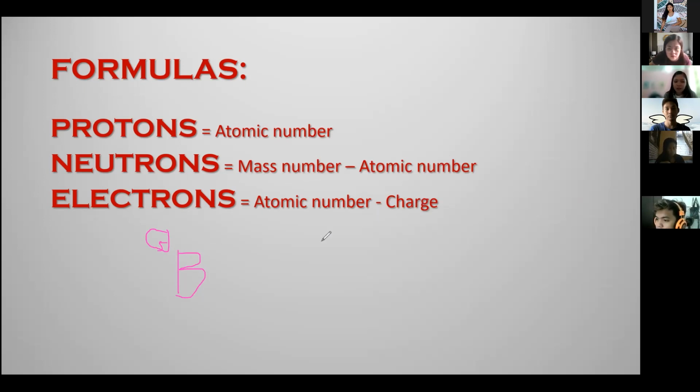For an atom, let's say aluminum, which doesn't have a charge, it means we have a 0 charge. What is the atomic number of aluminum?